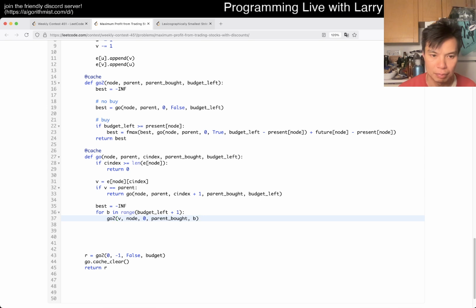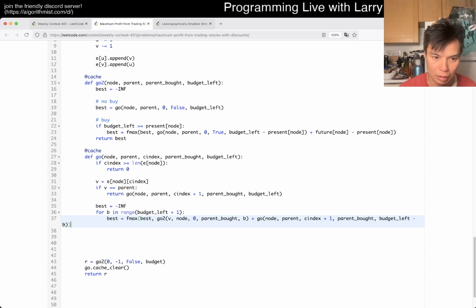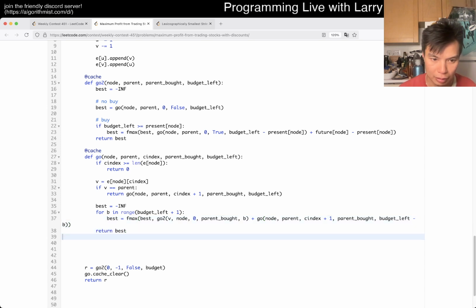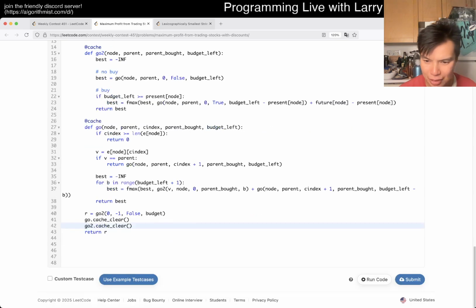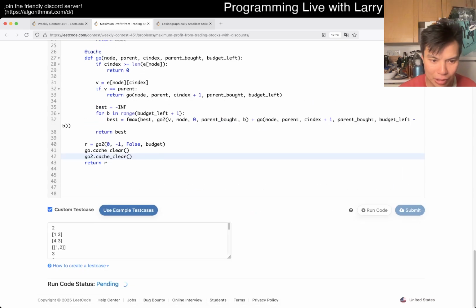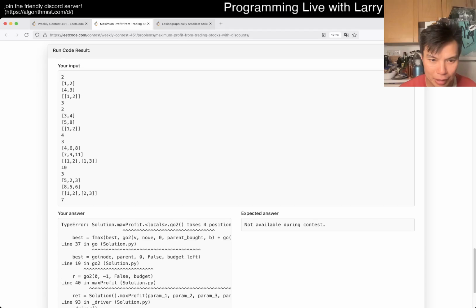And then plus go of node parent C index plus 1, same things, except for budget left minus B, right? I think that's it. I think technically we should write this and the go to the crash clear. I feel like this is roughly right, but maybe not.